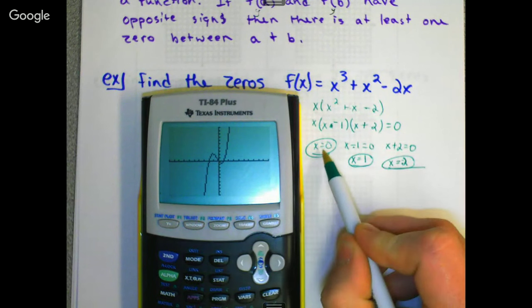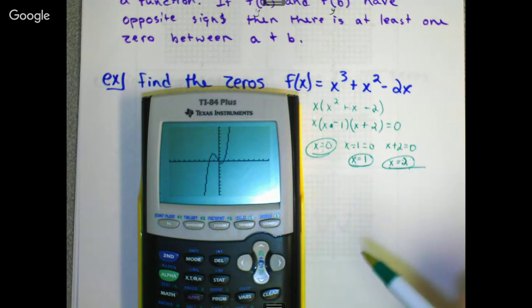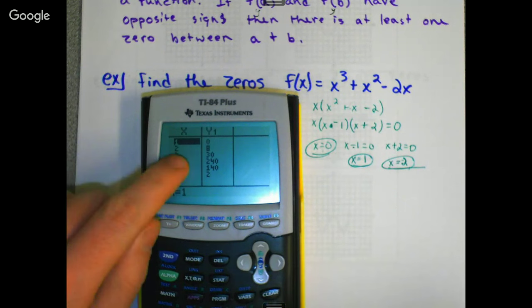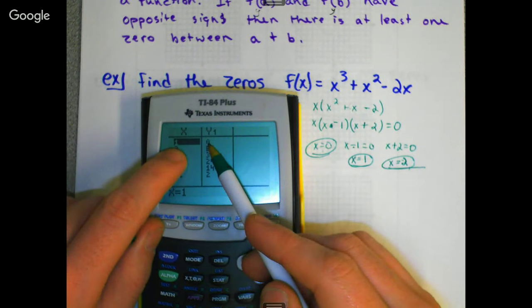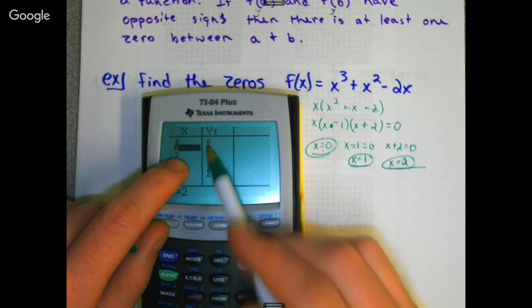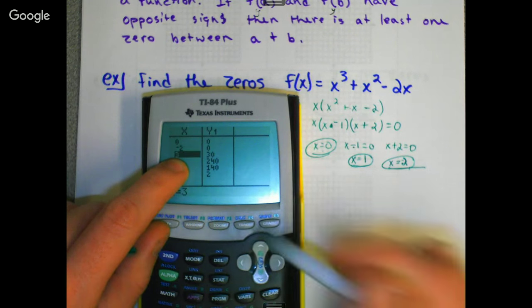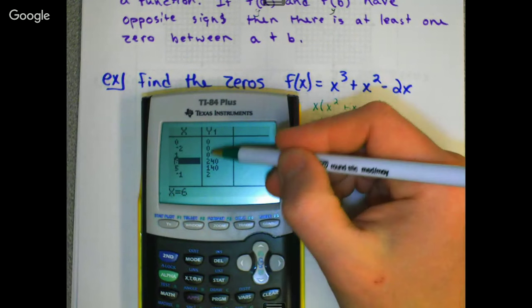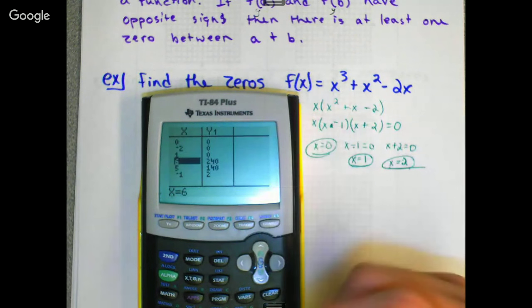Why? Because I have 1, 2, 3 zeros. If I go to my table and plug in 1 here, I get a 0. If I plug in 0, I get a 0, and if I plug in minus 2, I get a 0. So I want to know when y is 0, and I get those numbers right there.